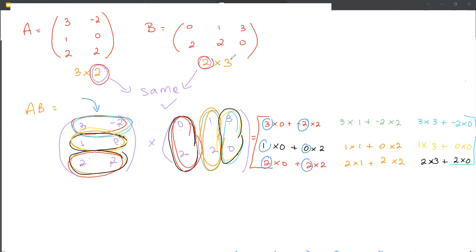If you find this way too tedious or long, some people, what they can do is, you see this observation that I'm pulling out here.